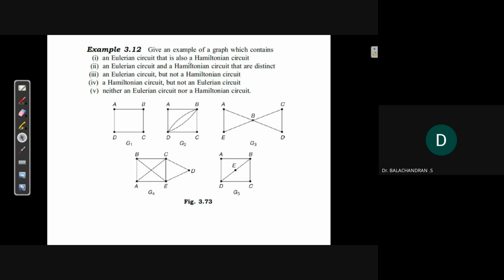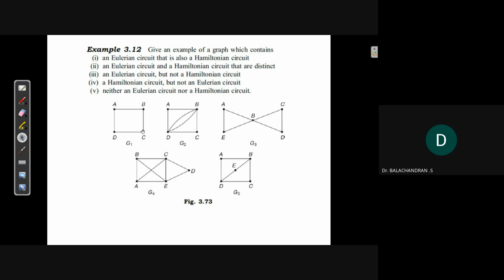Next problem. Give an example of a graph which contains an Eulerian circuit that is also a Hamiltonian circuit. So this is an example. This is an Eulerian circuit A, B, C, D because it contains all the edges exactly once.